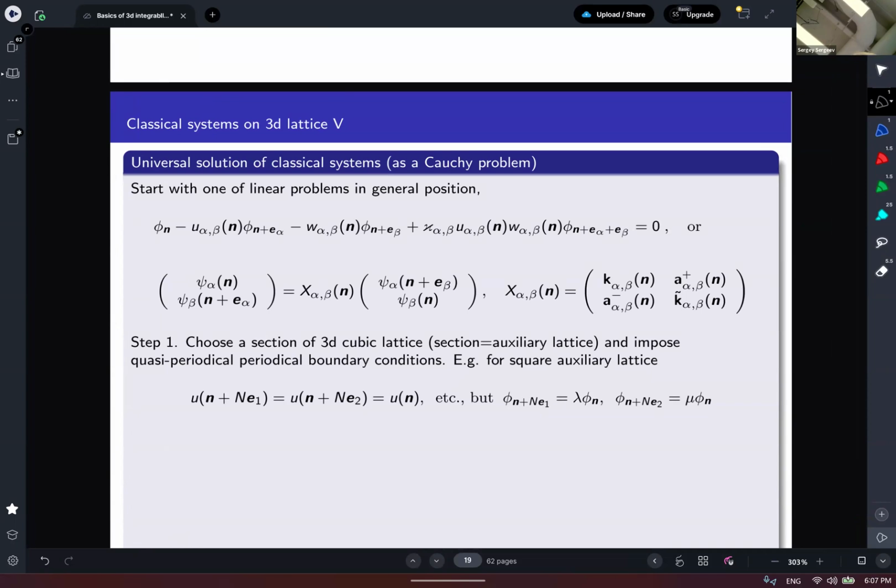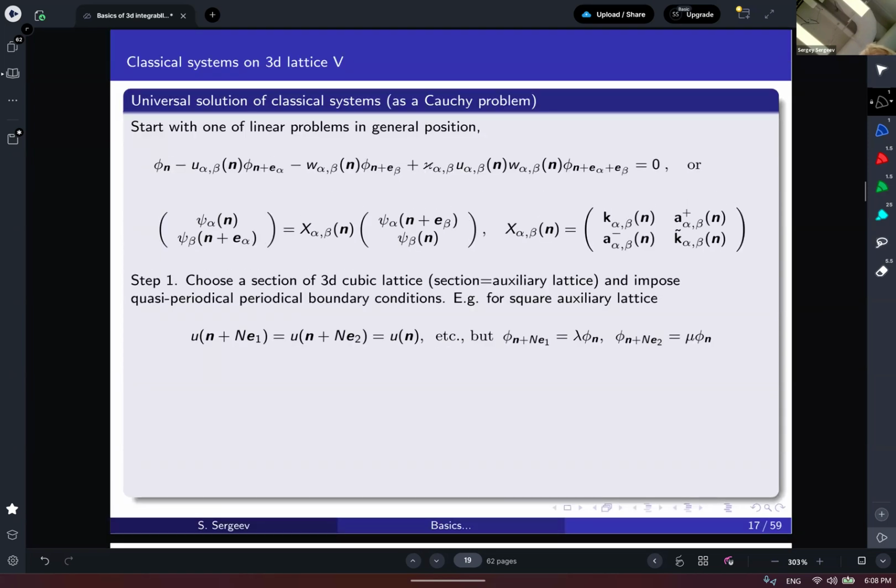And the final part of my today's talk is why all this is interesting, why all this is important, and how to find the general solution of classical integrable models in 3D space-time of both models obtained.